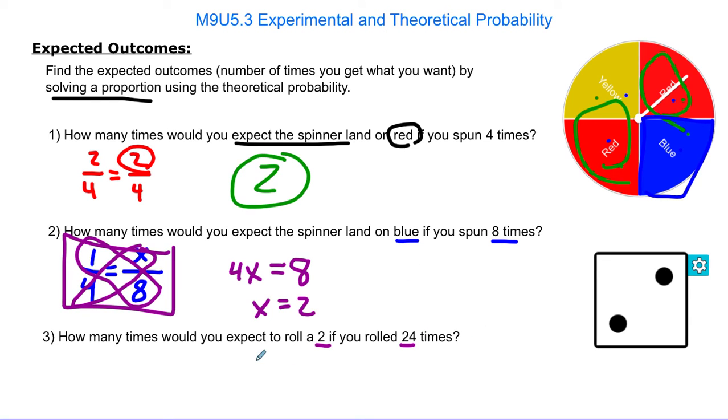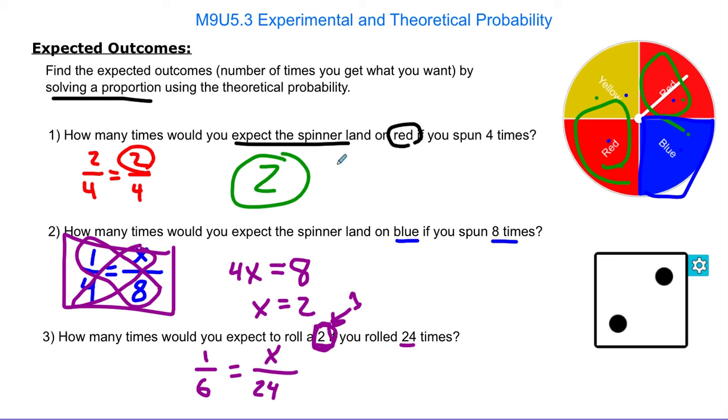All right, so we know that 1 out of the 6 sides is a 2 is what we want, right? Notice I'm not putting the 2 here. It's just that there's one of these on the die, right? There's only one 2 on the die. And so I know 1 out of those 6 is what I want. And therefore, if I rolled 24 times, how many of what I want would we expect, right?